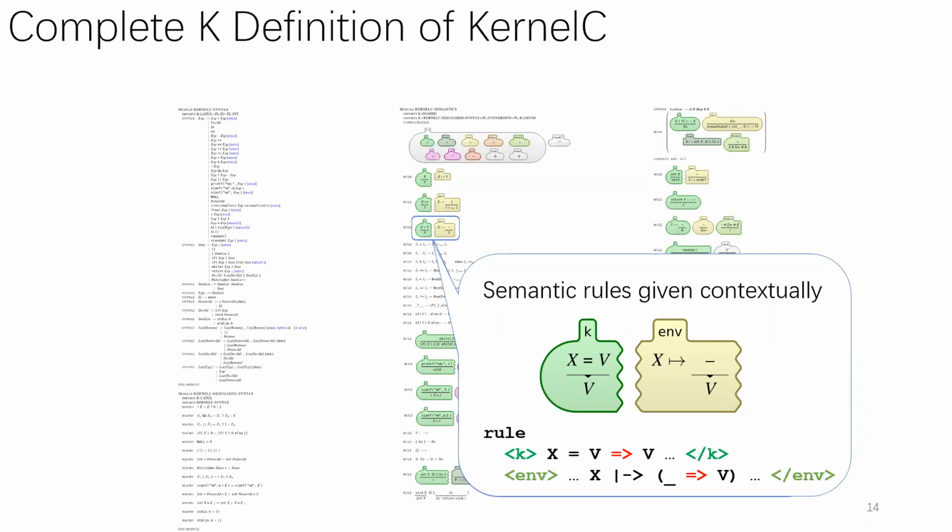Yes, that's true. Also, now we define the syntax of K as a syntax. As I mentioned, we define K in K, and then we define the syntax. We want to allow people to change the syntax of K, because sometimes the syntax of K collides with the syntax of your programming language. So we actually literally have the syntax of K in a file in K, the same way as the syntax of any other language.